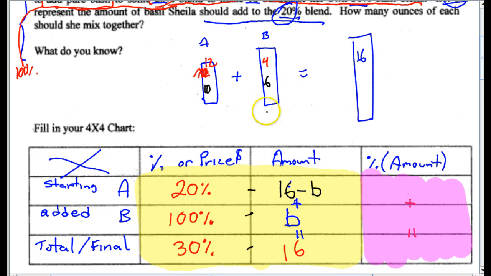We can't really say, well, A is going to be 12 or something, or 5, because we don't know what this value is. And once again, is this true? Does this plus this equal this? This cell plus this cell equals this cell. Yeah. 16 minus B plus B equals 16. Yeah, that's true. So it does work. So these columns do add up.